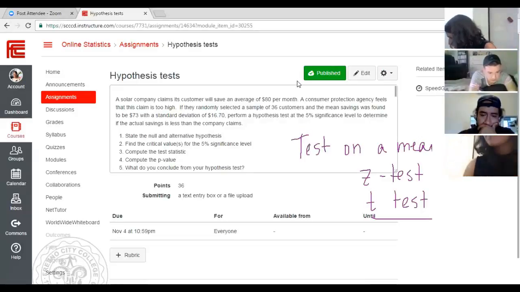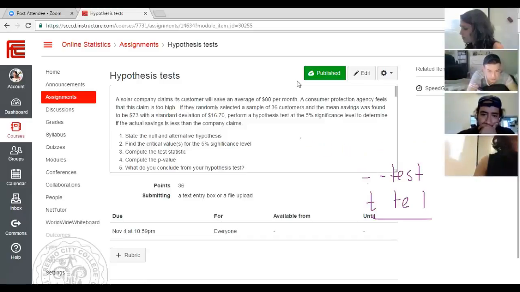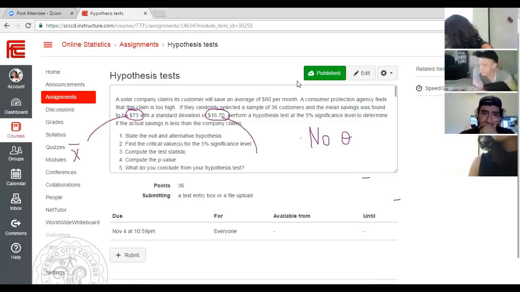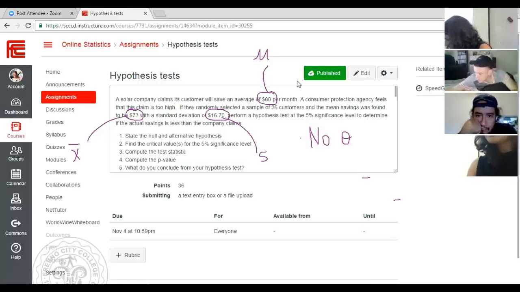Okay, so because they don't give the sigma, the population standard deviation, I'm going to write this down. So there's no sigma. What you're given here is the x bar, here is s, and then this is mu, and basically it says to determine if the actual savings is less than the company claims.